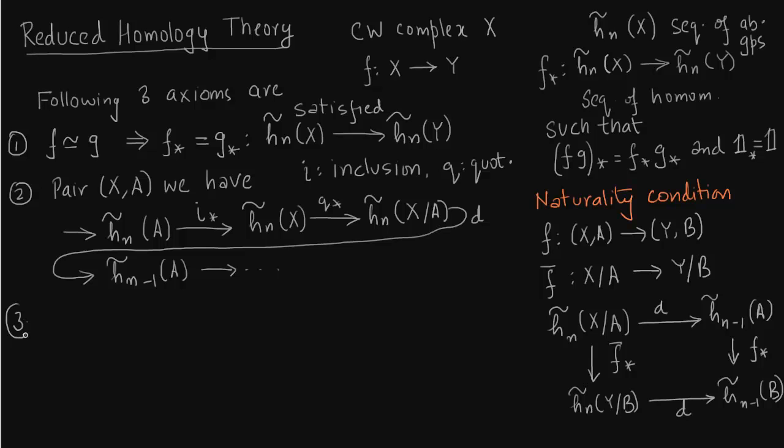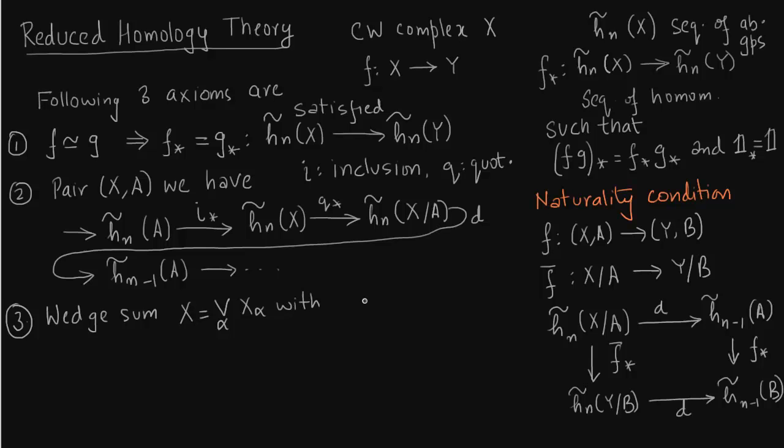So number 3 concerns the wedge sums. So consider a space X which is made up of wedge sums. So this X is equal to this bouquet of spaces.